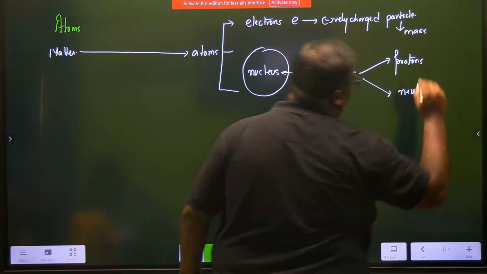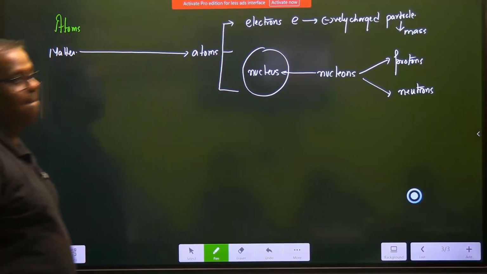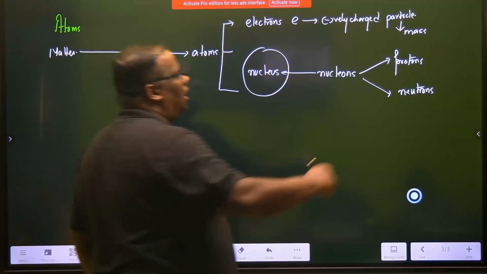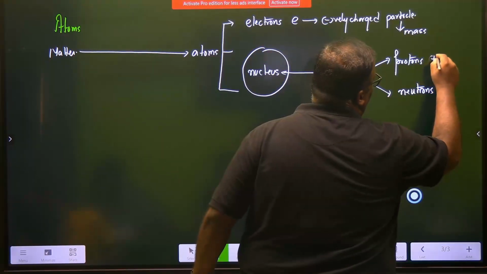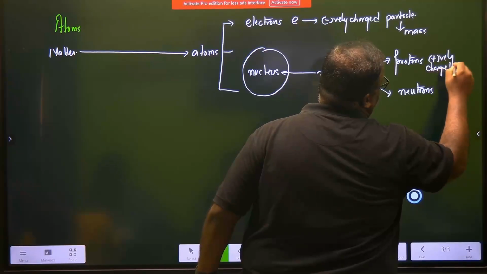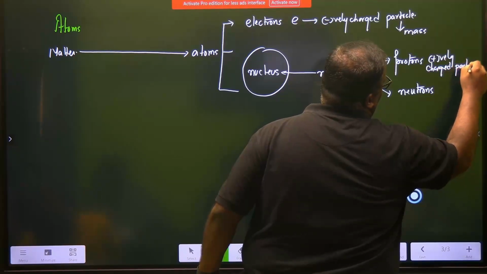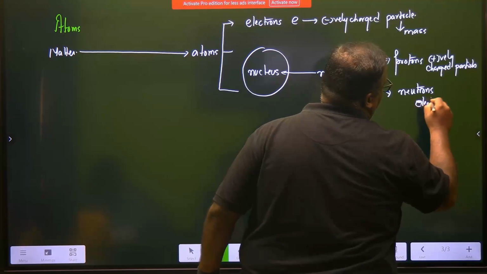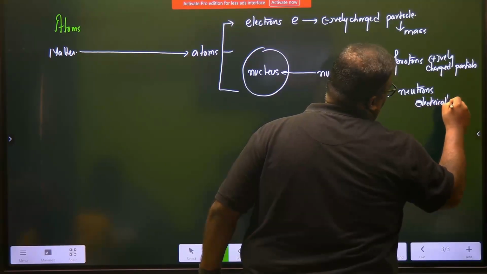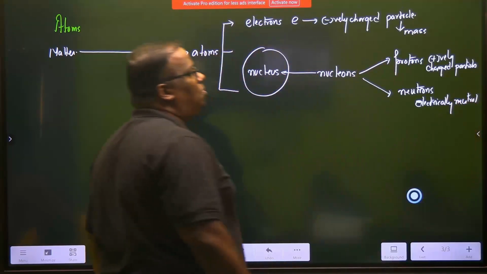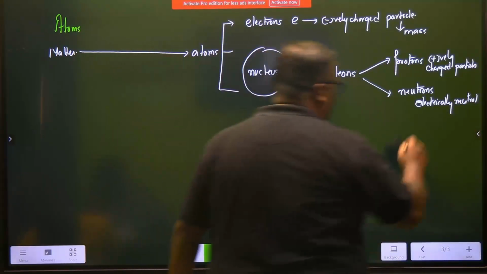Very interesting. Protons and neutrons. Understood? Protons are positively charged particles. Neutrons are electrically neutral. We call them electrically neutral. These are also particles.